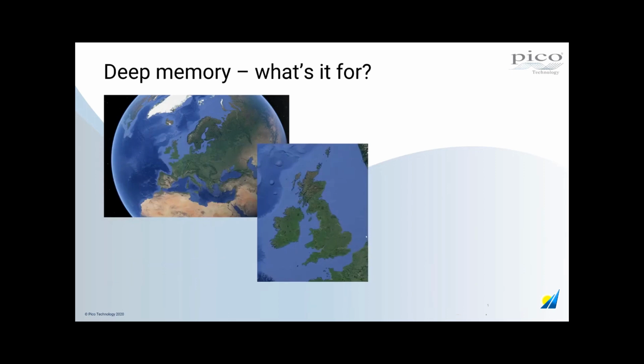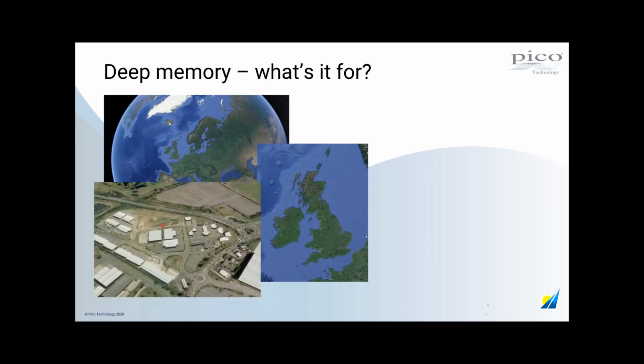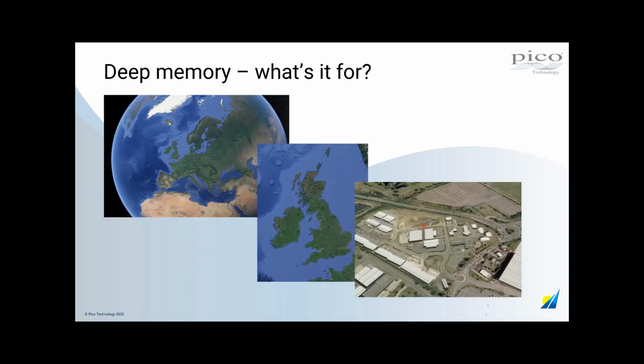We're a UK based company, so there's the zoomed in area of the British Isles, and zoom in even further and we can look at our own facility here in St Neots, Cambridgeshire, where we're based. Now that of course is very impressive, it gives the impression of a single image that was taken of the Earth, that we were able to zoom in and in and in until we got to the level of detail that we wanted.